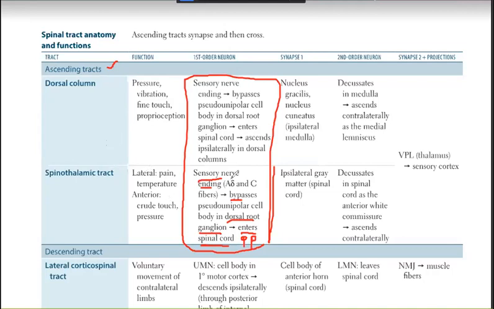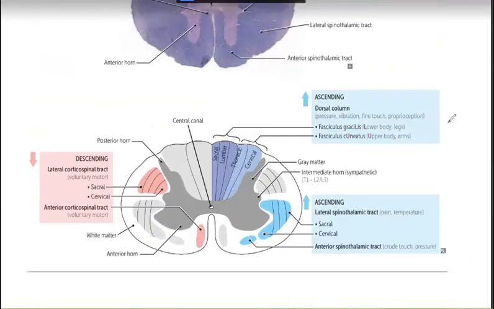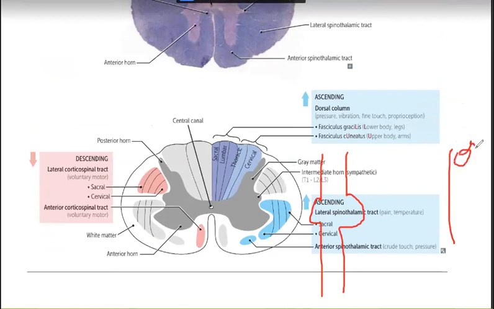Here this process is the same, but the synapse is different, the second order neuron is different, and then the final signals are again the same. Here we had the nucleus gracilis and nucleus cuneatus in the medulla, but here we have the ipsilateral gray matter of the spinal cord. So if I take you to this diagram, this was your dorsal root ganglion, and let's say this is your effector organ. Your first order neuron is coming here.